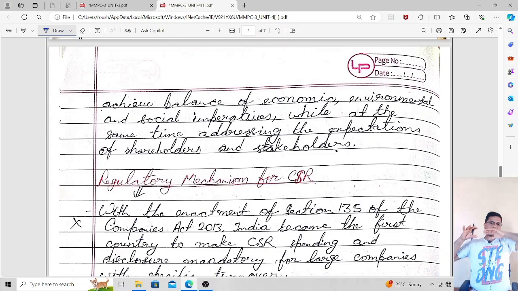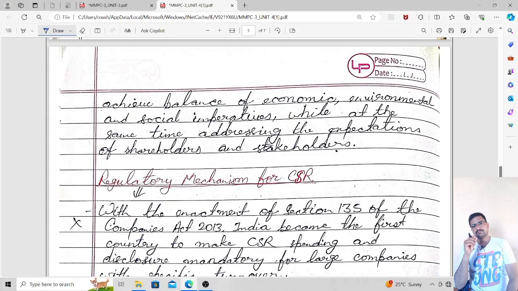Means it is just like a balance where the business organization should address the expectations of shareholders and stakeholders also, and at the same time, the businesses should think about the positive impact of business operations on the society. Because overall there should be positivity in the society due to business operations, so that it comes under corporate social responsibility.